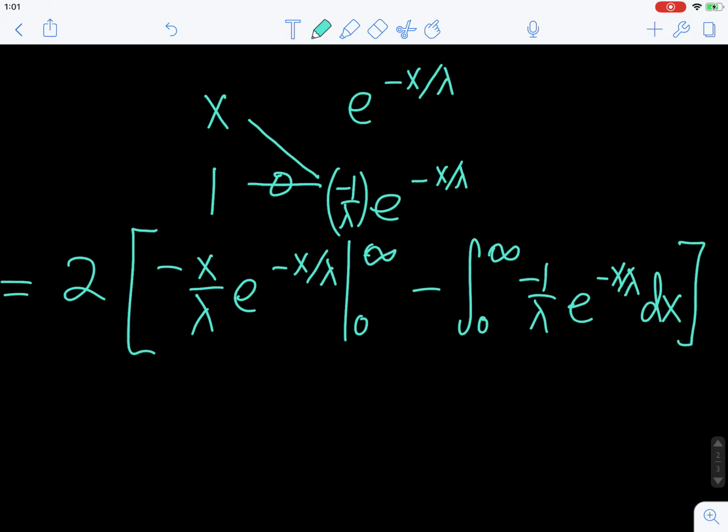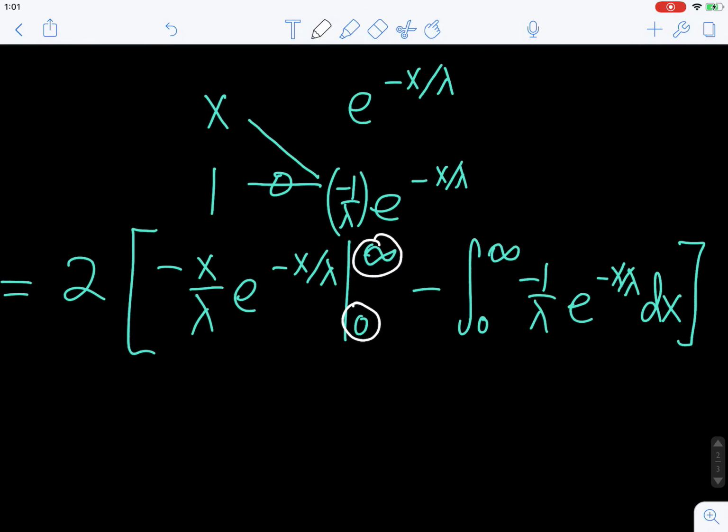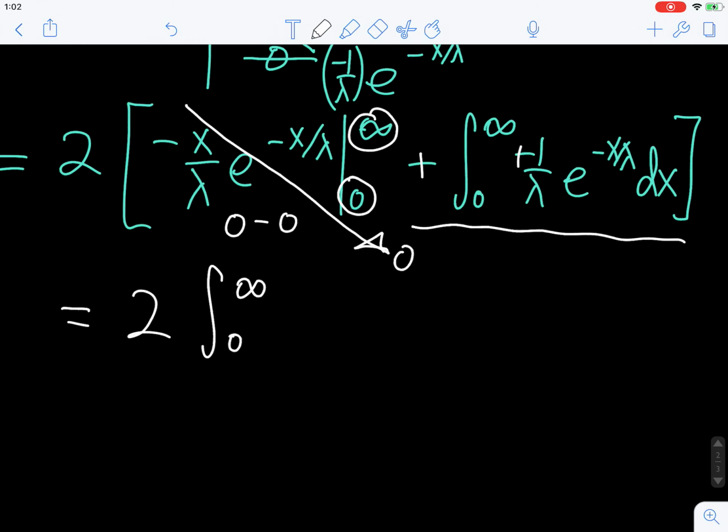This was using integration by parts. By the same reasoning as above, I'm going to hurry through this time. We have 0 and infinity, and when we plug in both of them, we'll check that both give 0, so it becomes 0 minus 0, and this whole thing is 0. All we need to care about is this side, but then I'm going to cancel the negatives, and I end up with 2, integral from 0 to infinity, positive 1 over lambda, e to the negative x over lambda dx.